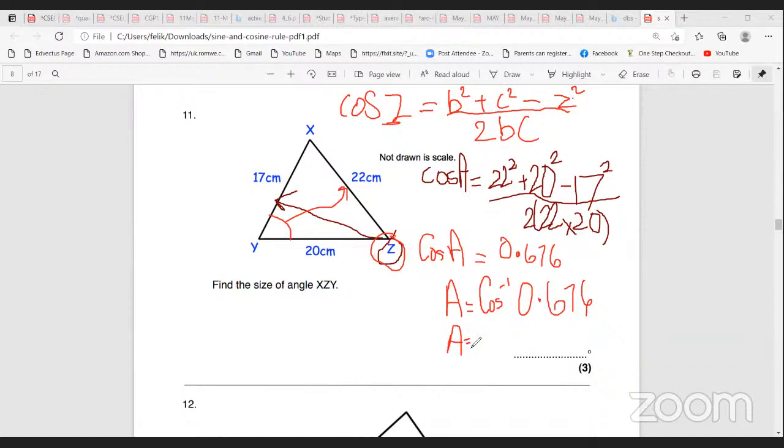Miss, I got 47.46. 47.46, miss. 47.5 degrees. All right, so we're going to go to the last question.